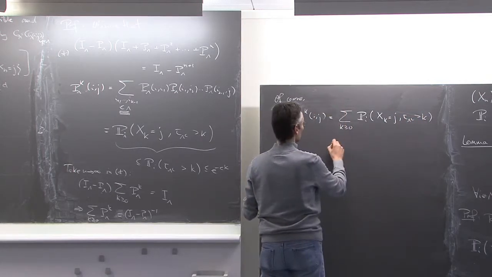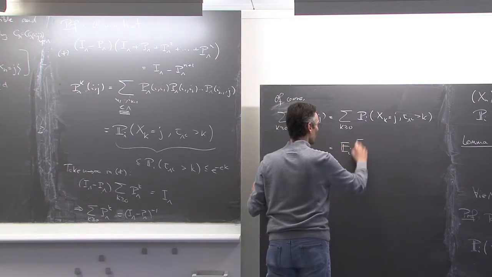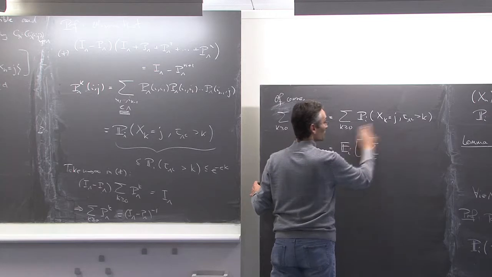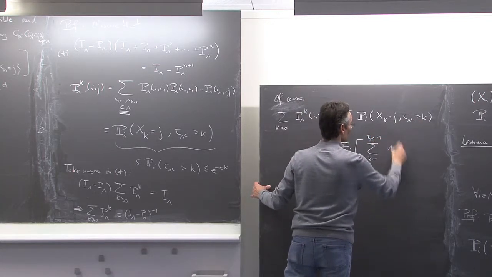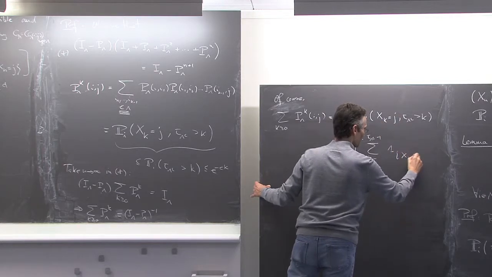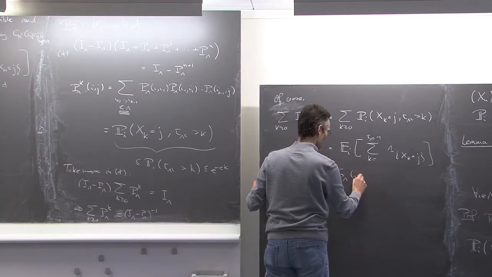That's the same as the expectation, starting from i, of the sum over k from 0 to tau_Λ^c minus 1 of the indicator of X_k equal to j, which is G_Λ(i,j).